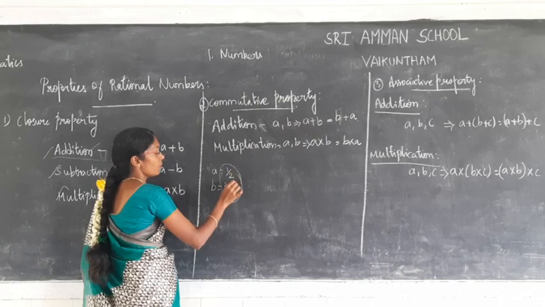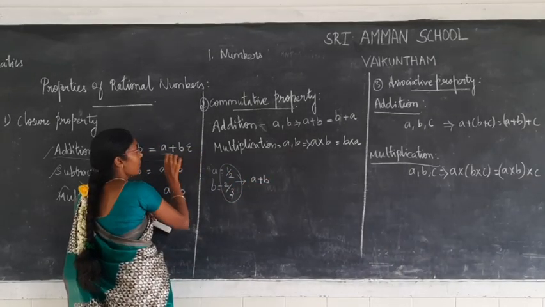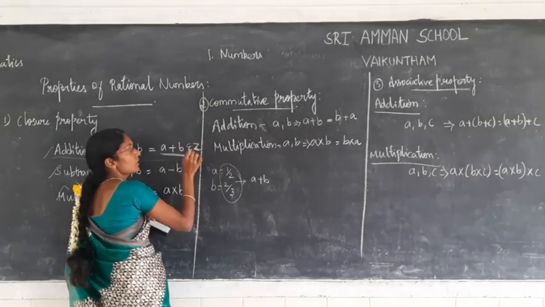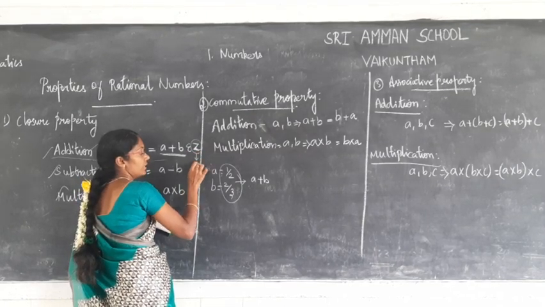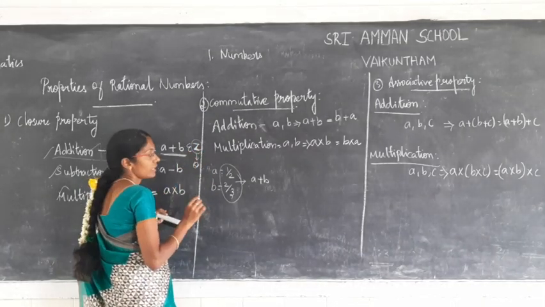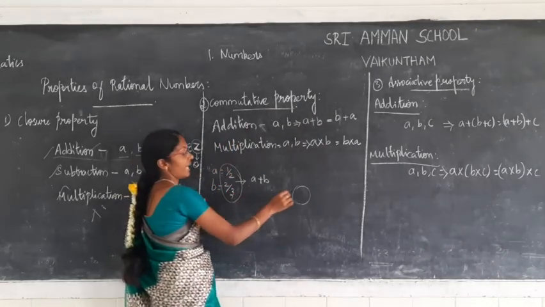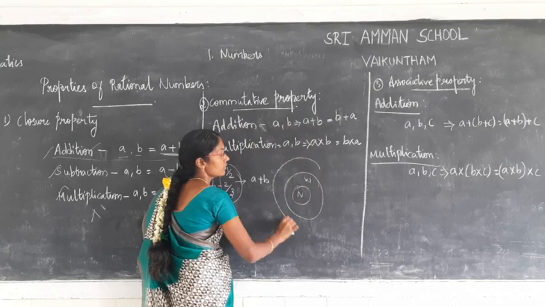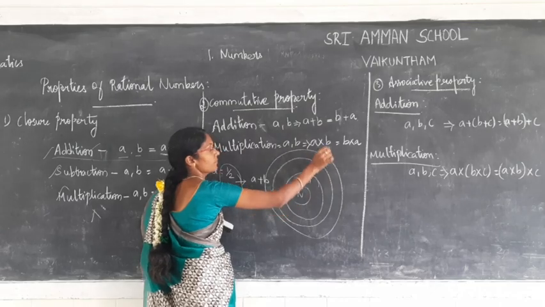When you add, A plus B belongs to the rational numbers, which are denoted by Q. Z is integers, as we already discussed: natural number, whole number, integer, rational number.